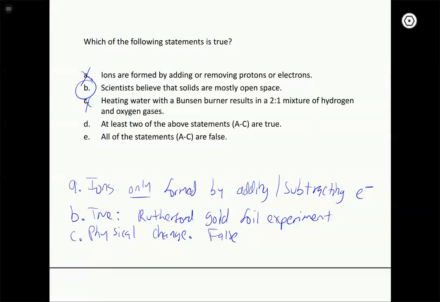Most of the mass is very concentrated, so you have a lot of empty space in atoms. And then choice C, which is the difference between physical and chemical changes, something we didn't touch on in class, but when you heat water, when you bring water to a boil, you're not going to be changing the composition of water, you're just going to be changing its physical state, and we will learn a lot more about physical changes later on in the course.